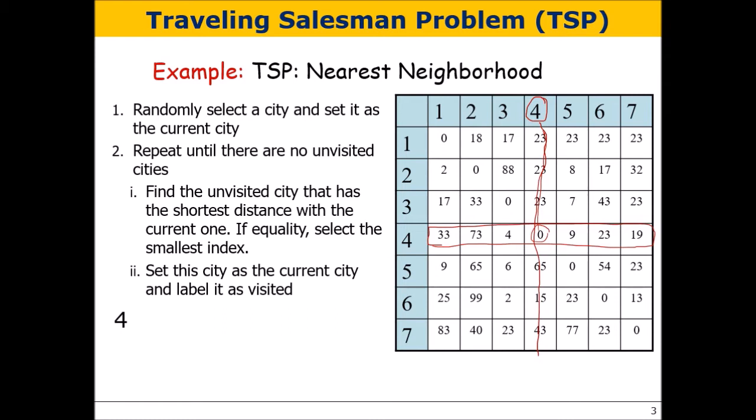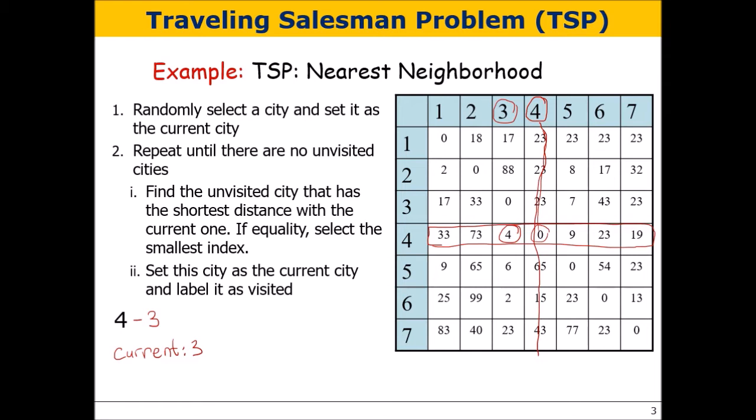Among the others, the minimum possible one is this one. There is no equality, so I am going to set city 3 as the current city. We are moving from city 4 to city 3.